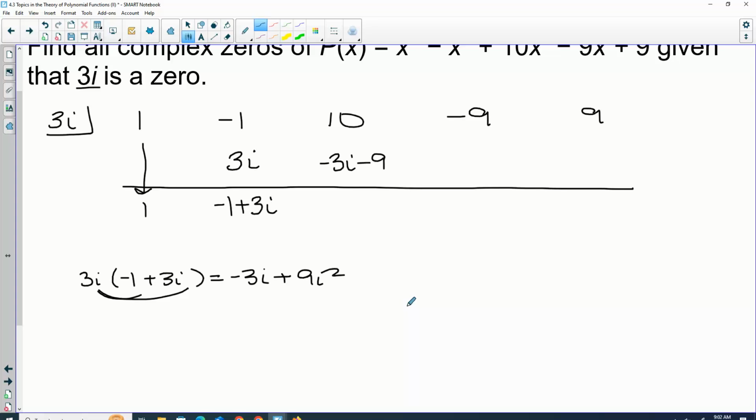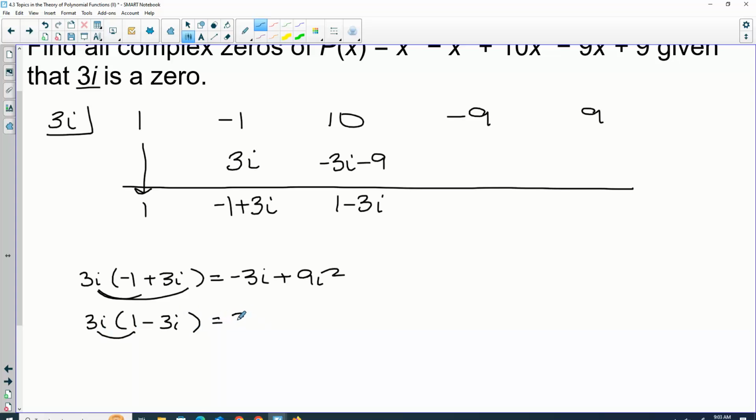Right, when I add, we're adding like terms. So I can do 10 plus negative 9, that's a 1. And we still have the minus 3i. Okay. Multiply. So we have to do 3i times the 1 minus 3i.